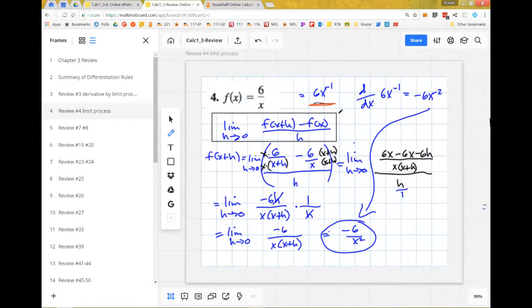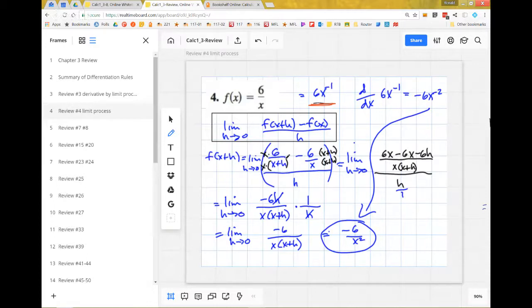Okay, so how do we do it using the limit process? Well, we've got to find f of x plus h. So that's just 6 over x plus h. Just plug in an x plus h where there's an x. Subtract the original. So that's the blue on the numerator here. Okay, and then that's all over h, the limit.